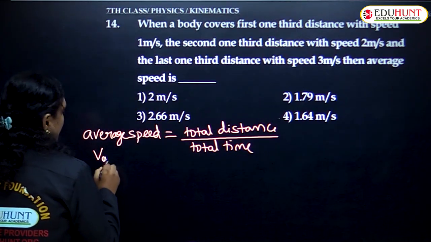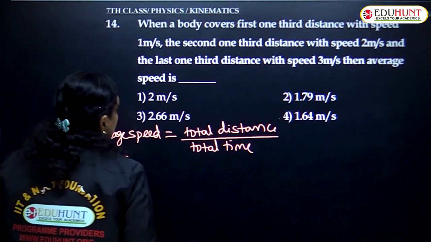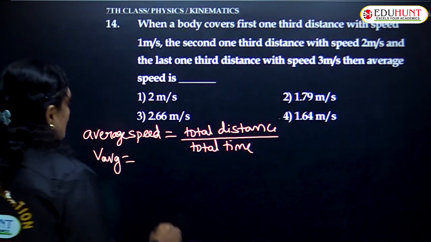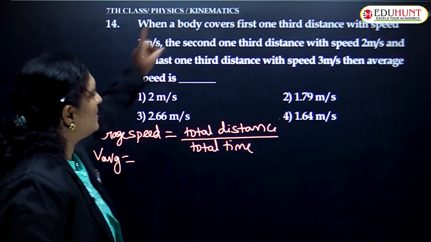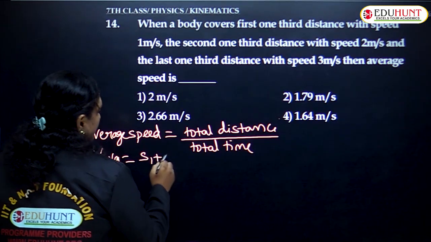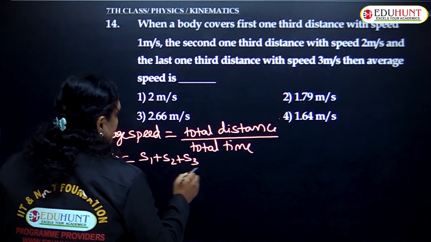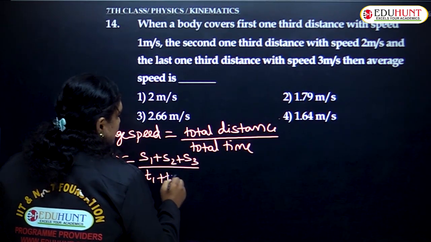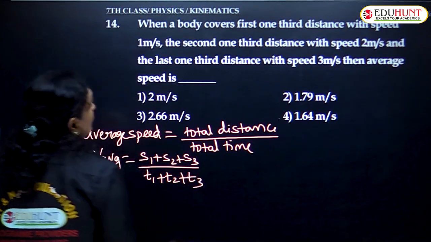Average speed is V average equals total distance S1. How many conditions are there? First, second and third. 3 different cases. So, S1 plus S2 plus S3 upon T1 plus T2 plus T3.